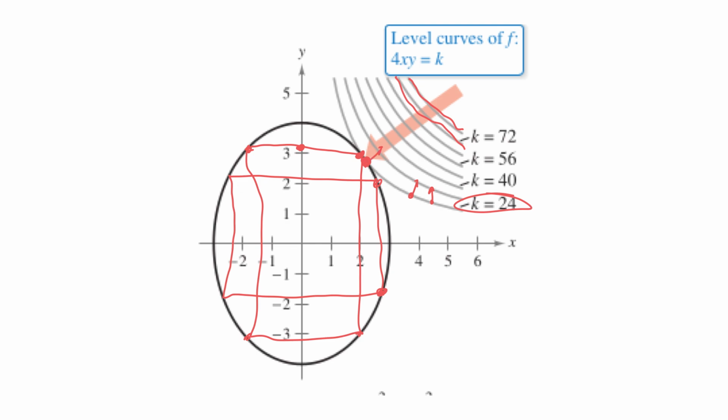And so if we can find the gradient of the ellipse function and then the gradient of these level curves that are tangent, and they're going to be tangent when they're parallel, then we will have found the solution that maximizes this particular problem.